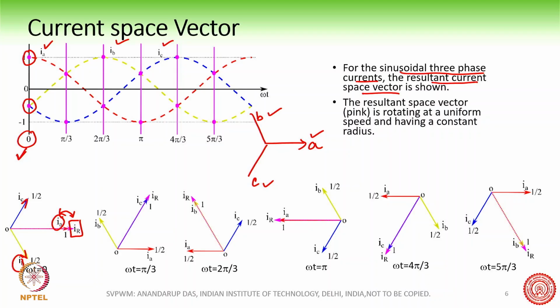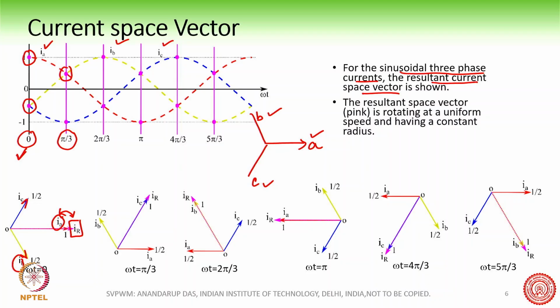Now let us take any other time instant. Suppose you take another time instant, omega t equal to pi by 3. What happens then? At omega t equal to pi by 3, you have IA as half, IB is again half, and IC is minus 1.